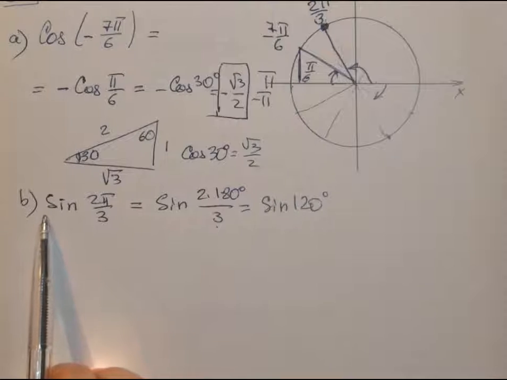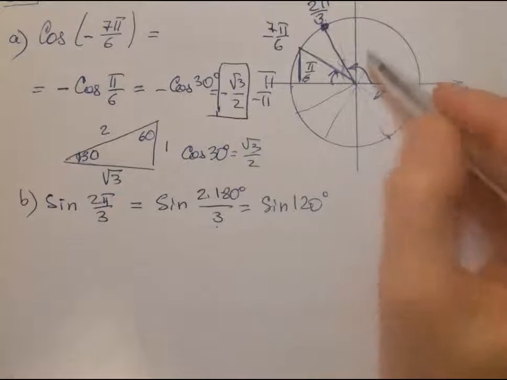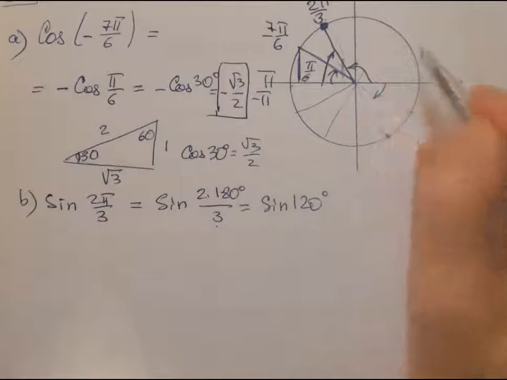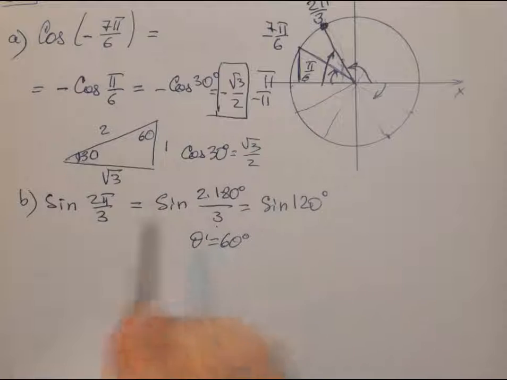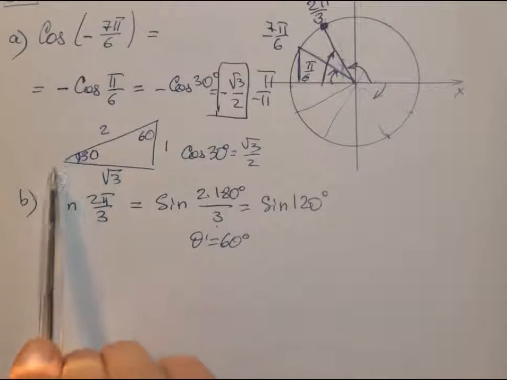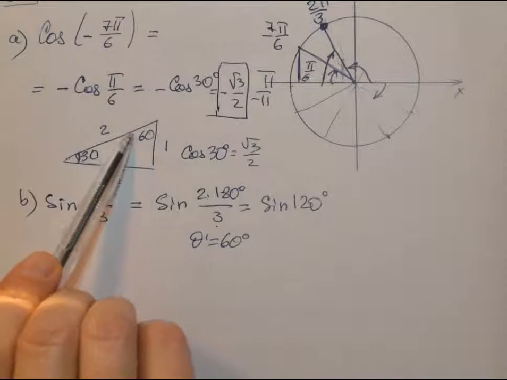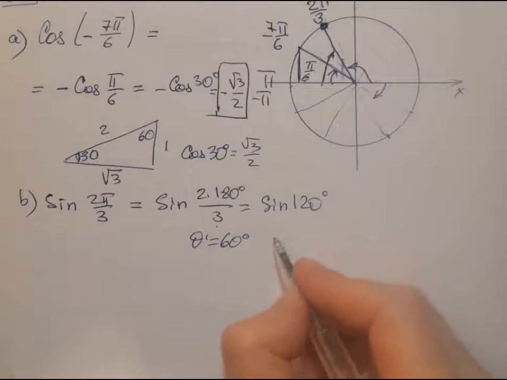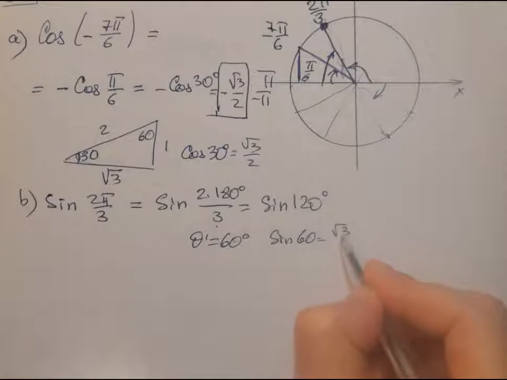Then we want to find sine of this angle. The reference angle is 60 degrees. This is the reference angle, theta prime. Theta prime is 60 degrees in this case. We consider the same reference triangle. Sine of 60 is opposite over hypotenuse, so the opposite of 60 is square root of 3, over 2.